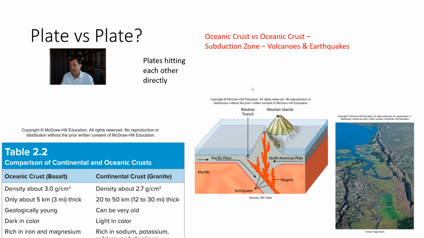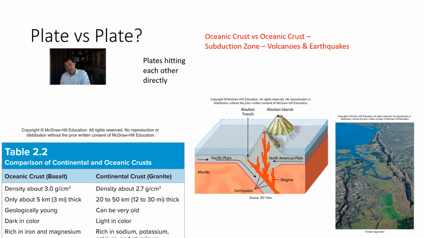Okay, what if you have oceanic crust hitting another oceanic crust plate? Well, you get another subduction zone, and one of the plates, whichever one is denser, manages to get under the other one. Again, these are oceanic plates, so this is in the ocean, and once again you're going to get volcanoes building there.